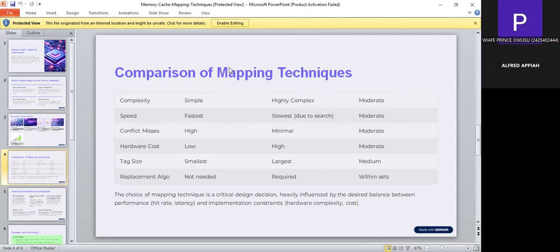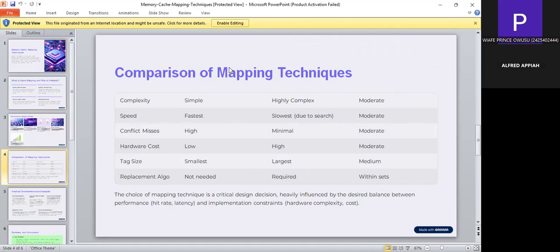It also is moderate. As you can see here, the comparison is made from basic complexity to simplicity, and from high complexity to its trade-offs.